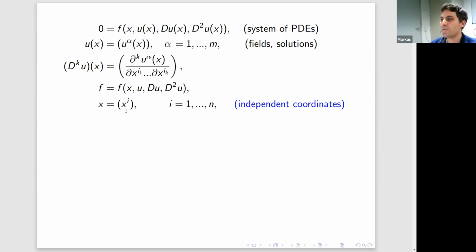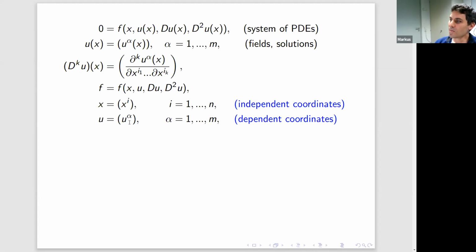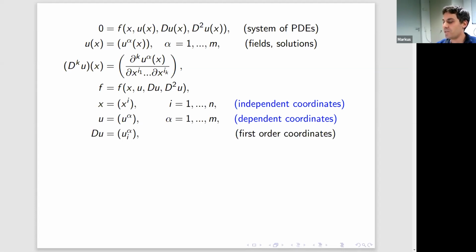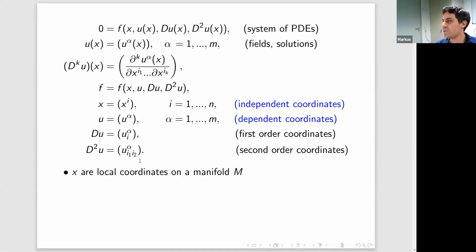We have the x variables with the Latin indices I, called the independent coordinates. And then we have the dependent coordinates u, dependent because we think of this as a function u of x. And then we have the derivative coordinates, where we have this index alpha and I. And then I think it's obvious how it generalizes to higher order coordinates, second order coordinates, and this is basically all we need, so we don't need to go to higher order at this point.